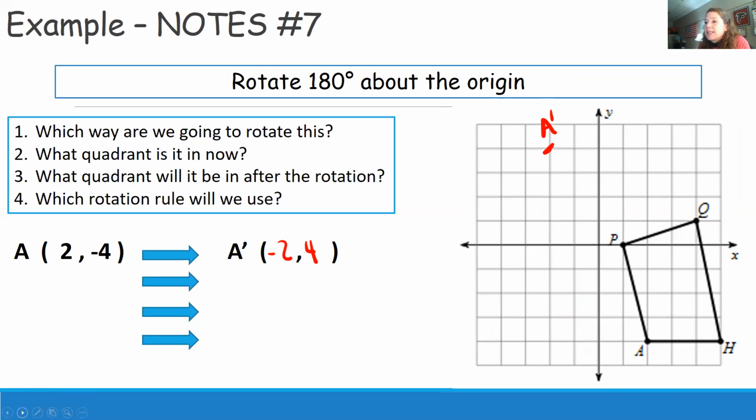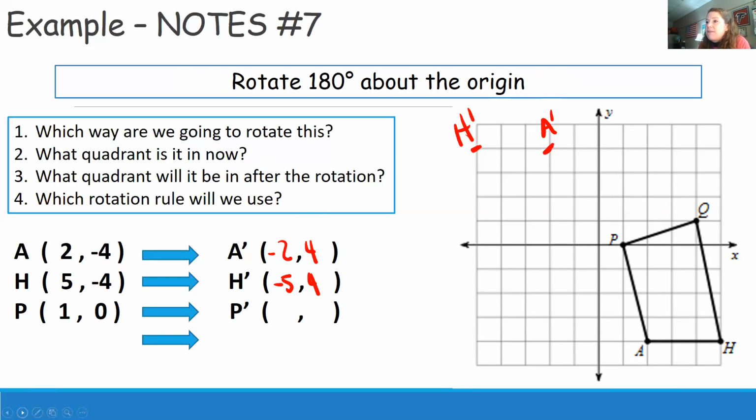Our next coordinate is 5, -4. So it becomes -5, +4. So 1, 2, 3, 4, 5, 1, 2, 3, 4. So that's H prime. And then we have 1, 0. That becomes -1, 0.